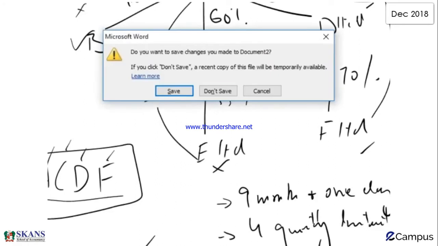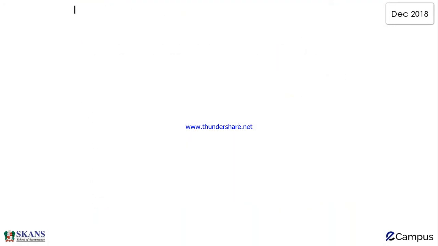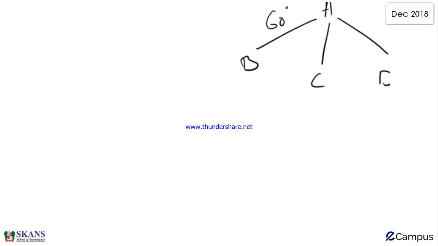Well, for that, let me give you an example. All right. For example, A Limited owns B, C, and D. A Limited owns B Limited 60%, C 70%, and D 40%. So D is not a loss relief group member.